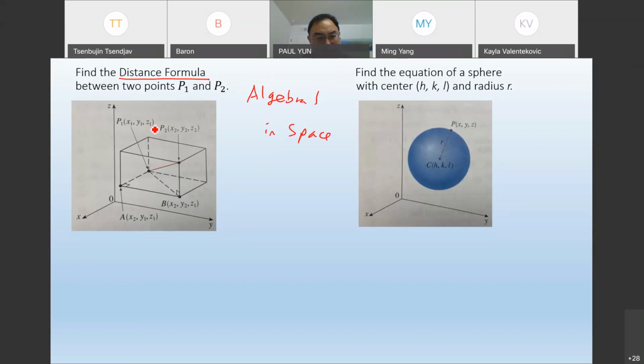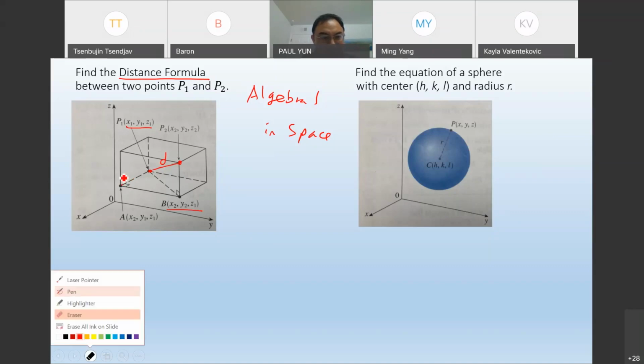What is this distance here? What is that distance?